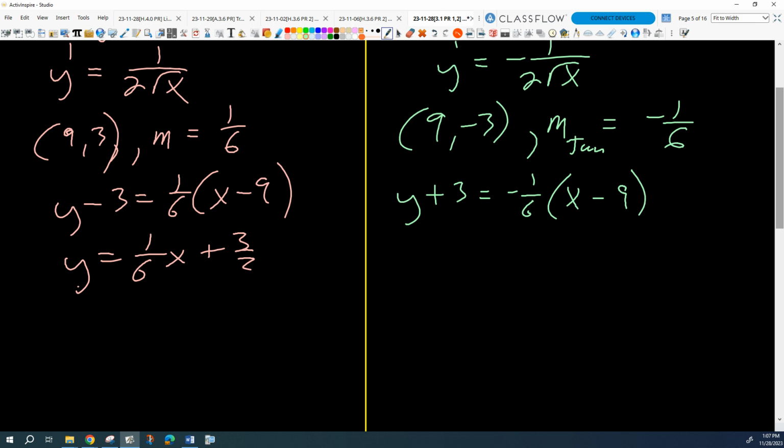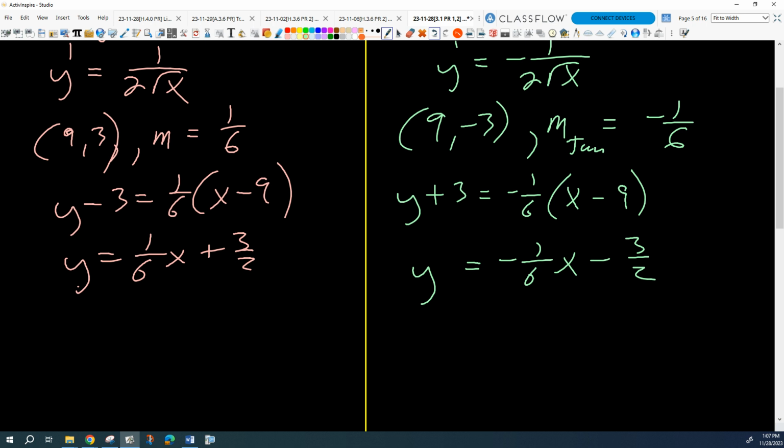Okay, if I distribute the negative 1/6, I'm going to get negative 1/6 x plus 3 halves minus 3 is going to be minus 3 halves. Okay.